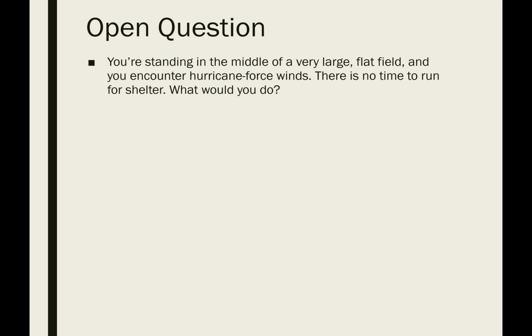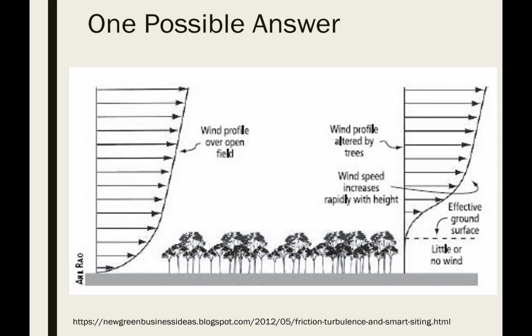Okay, so one possible answer is that the speed of the wind is actually going to be lower closer to the ground surface. And that is because of something called a drag force. You guys are probably getting this in fluids, or maybe you just don't even want to mentally think about fluids right now.